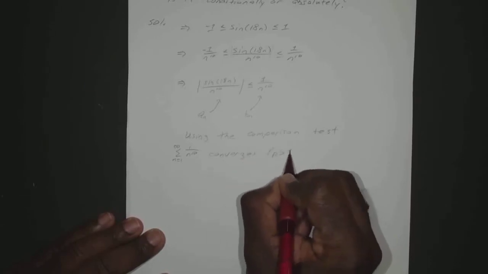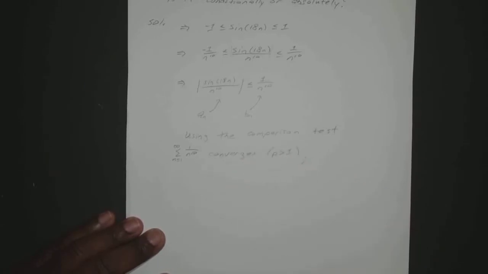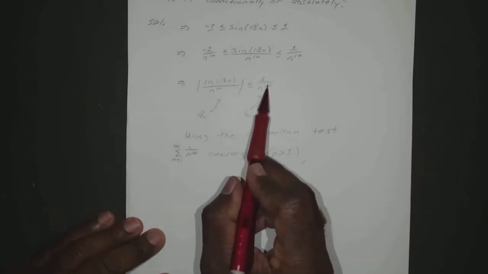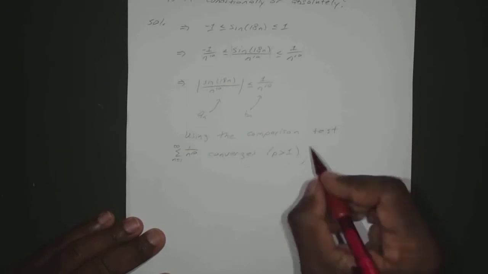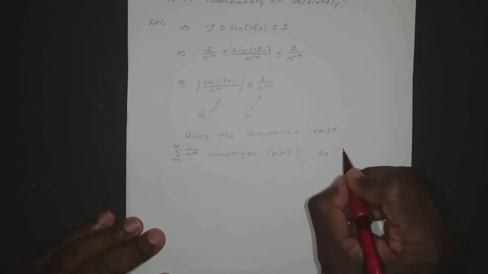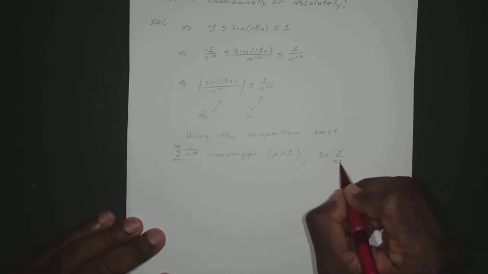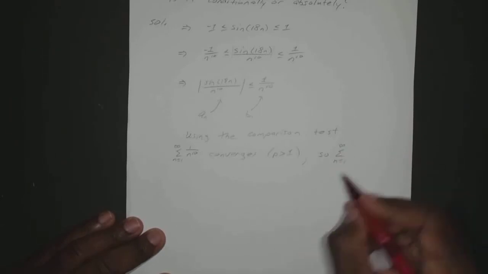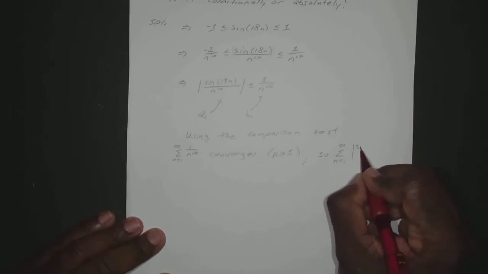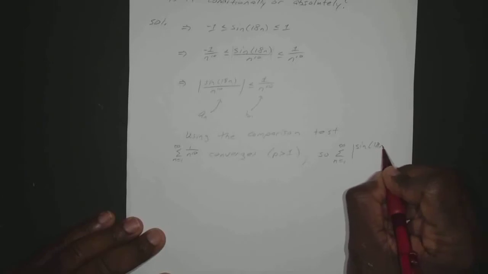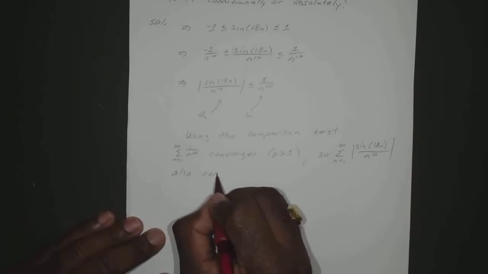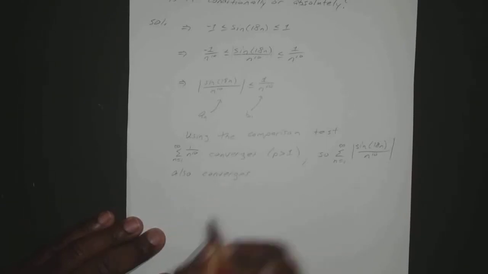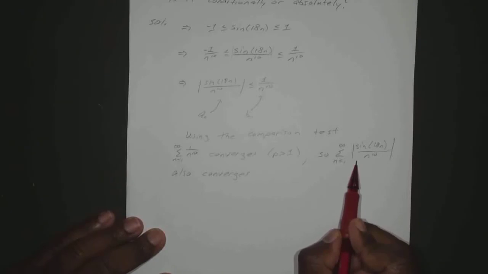Remember, that's for p greater than 1. So if this one converges, then the other also converges. So the sum from n equals 1 to infinity of the absolute value of sine of 18n over n to the 10th power also converges. So this one converges absolutely.